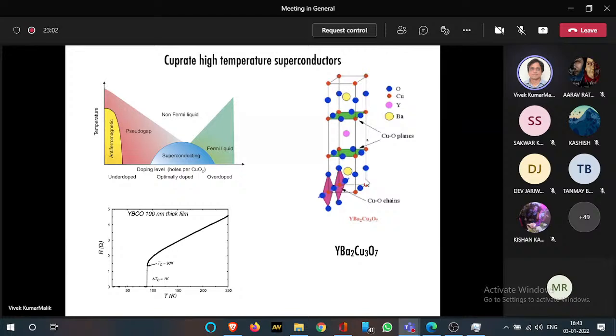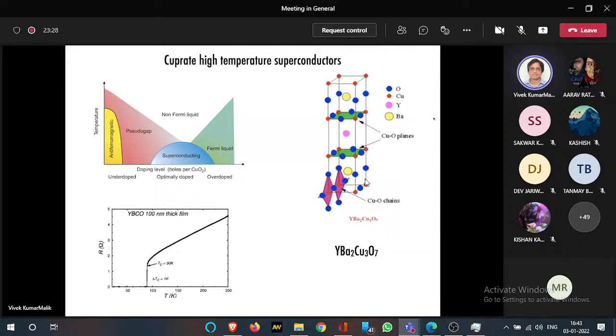That's where the nomenclature comes from. Most of these cuprate superconductors have TC in the range of 100 Kelvin, 120, 135 Kelvin, and so on. And with pressure, that TC can be increased up to, I think, 156 or 157 Kelvin, something like that.